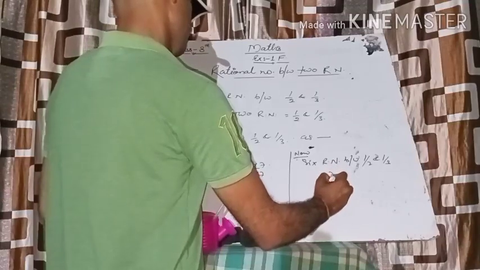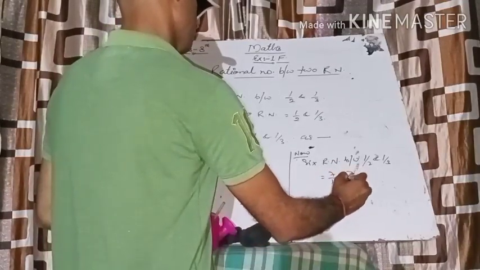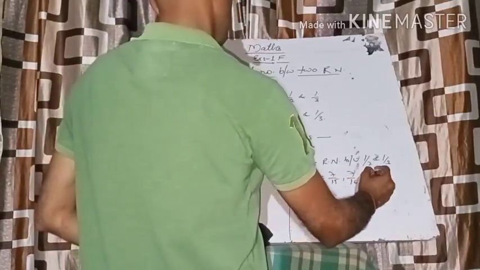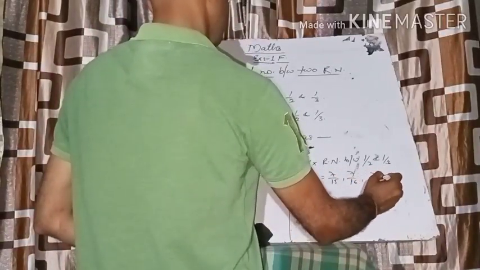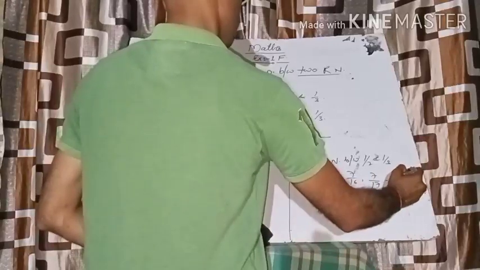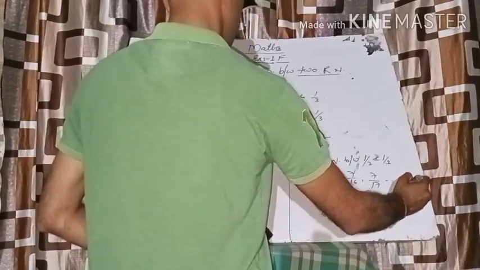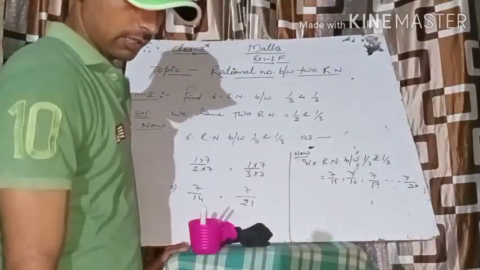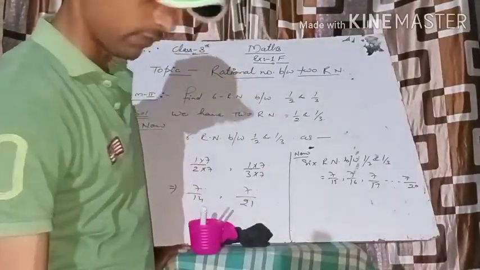They are 7 by 15, 7 by 16, 7 by 17, up to 7 by 20. Okay, so in this way you can easily calculate more than one rational number.